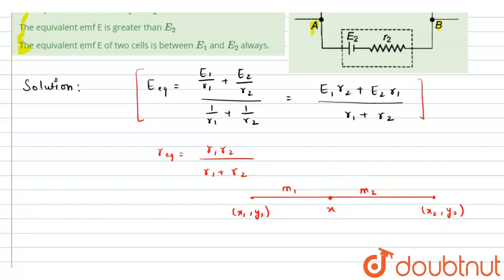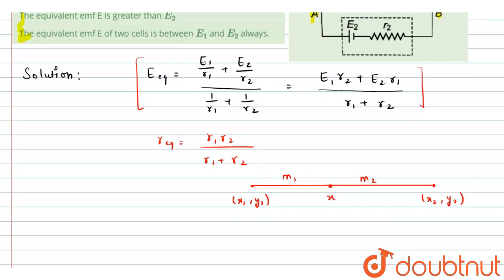The x coordinate of that point is given as (x1 m2 plus x2 m1) divided by (m1 plus m2).